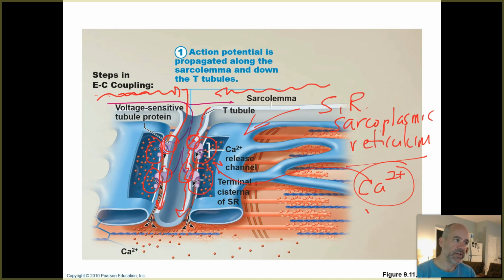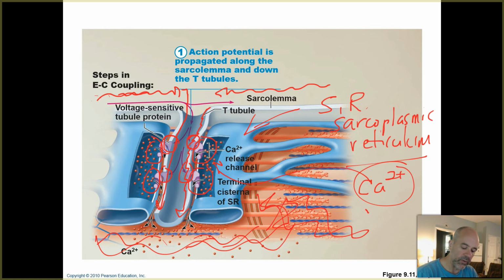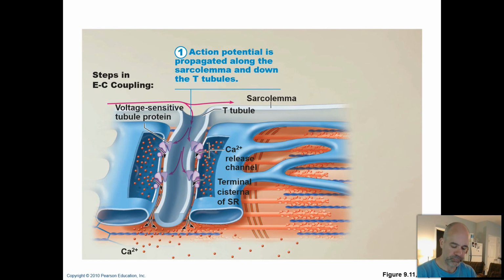Okay, so our action potential has triggered calcium to come out of the SR. And so now those calcium ions are going to float around all inside the intracellular fluids of our muscle fiber. And then they're going to be able to come into contact with your actins and your myosins and all those proteins that are important for muscle fiber contraction.